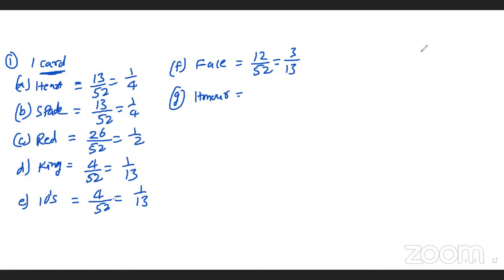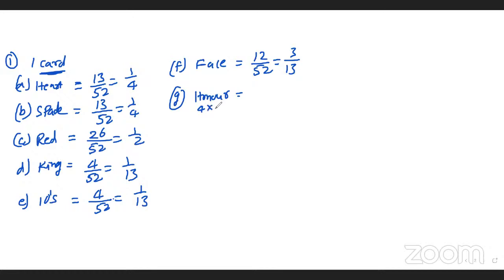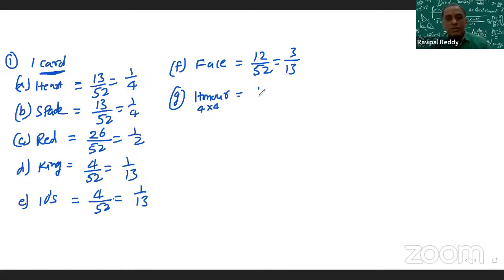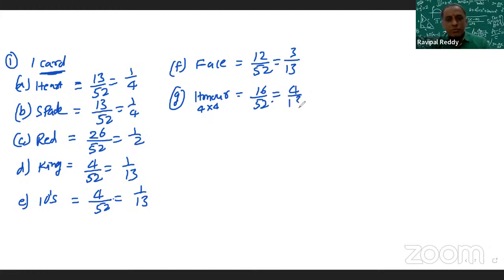No. Each suit has 4 honor cards. Total 4 suits are there. 4 into 4, 16. 16 by 52. Very good, your answer is right. 4 fours are 16, 4 thirteens are 52. So 4 by 13.